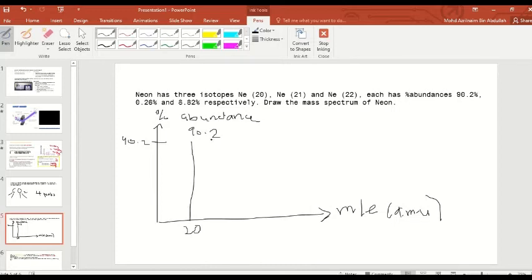So next kita ada neon 21, which is 0.26, sangat sikit. So dekat sini katakanlah neon 21, so 21 di sini, 0.26.